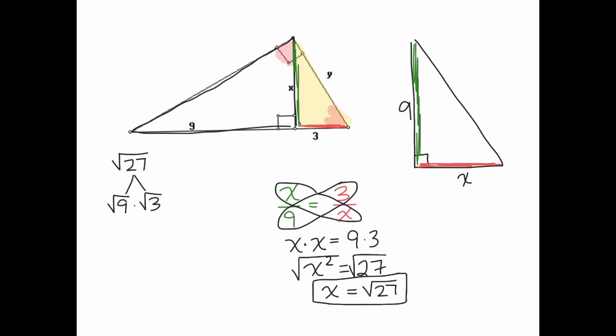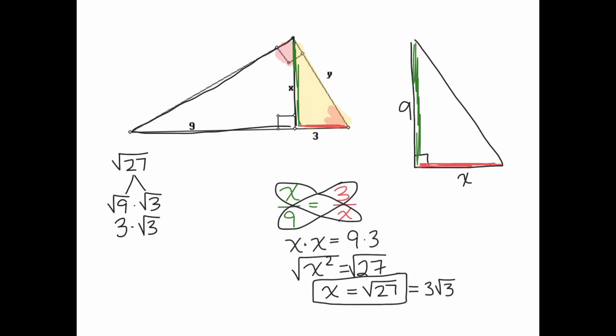The square root of 9, since 9 is a perfect square, we could say this is the same as 3 times the square root of 3. So for our final answer, we could say that x is equal to the square root of 27, but you could also say that x is equal to 3 square root 3. Okay?